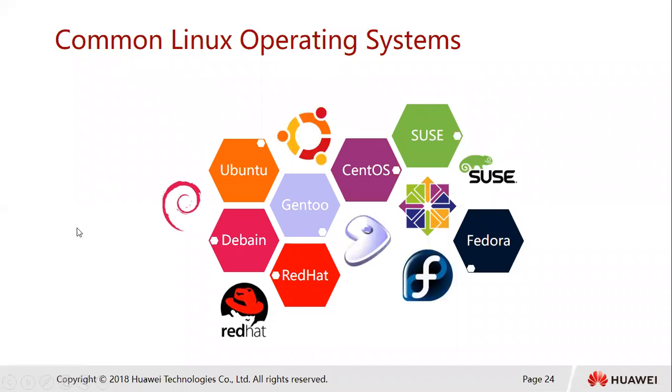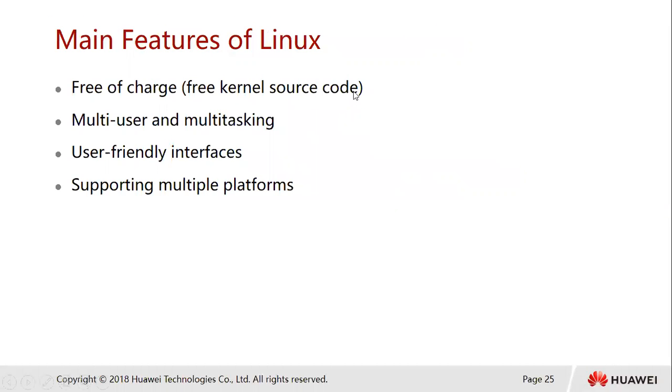So these are distributors of Linux that are there. It depends on what they have done to the kernel and the packages that they have. So we have Ubuntu, CentOS, Fedora, Red Hat, and others.